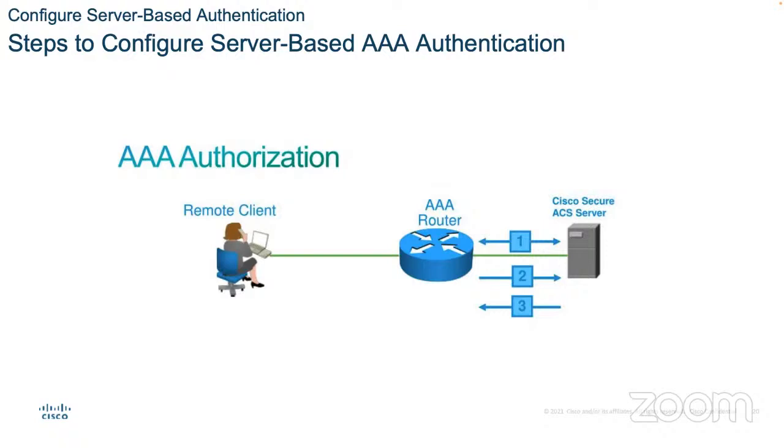We configure the encryption key that will be used to transfer data between the networking device and the server. And then we configure the method, either for TACACS+ or RADIUS. And it is possible to configure redundancy so that we can add another server or multiple servers just in case server A dies on us. Because, you know, it happens.